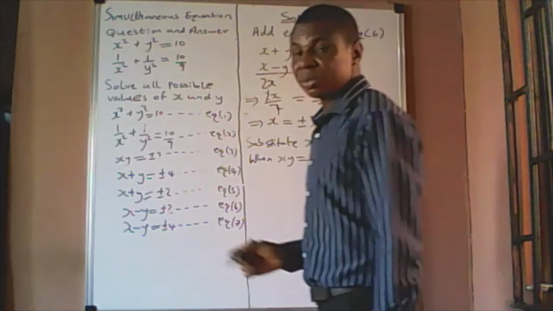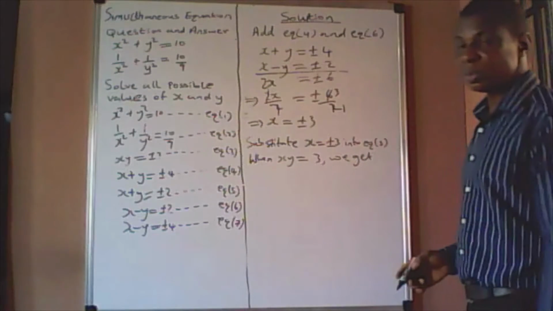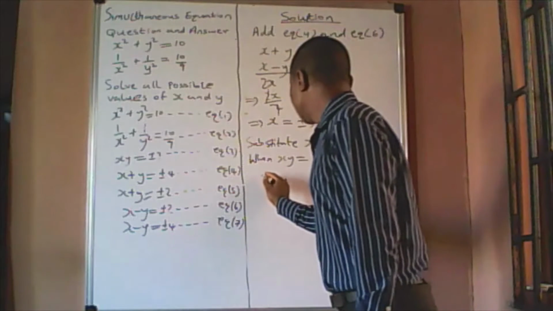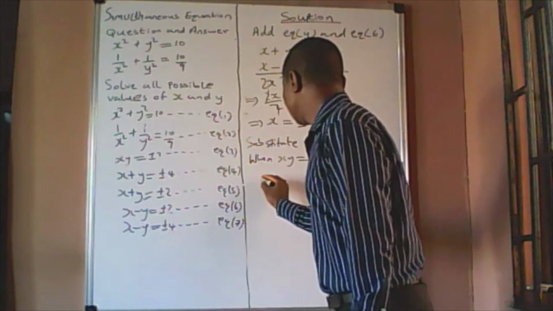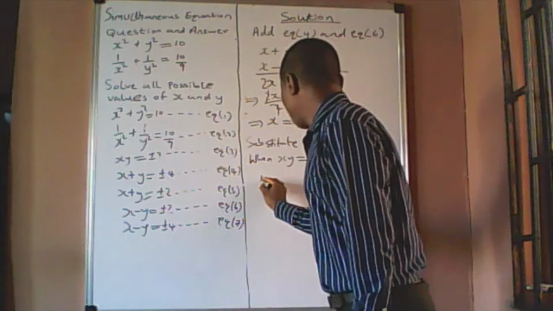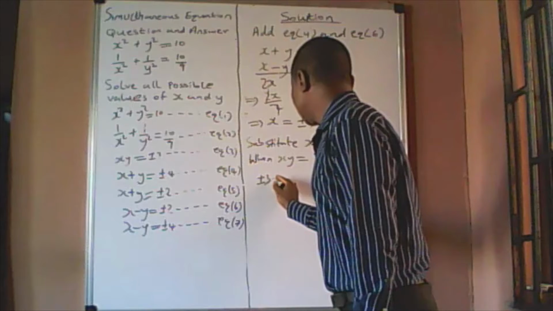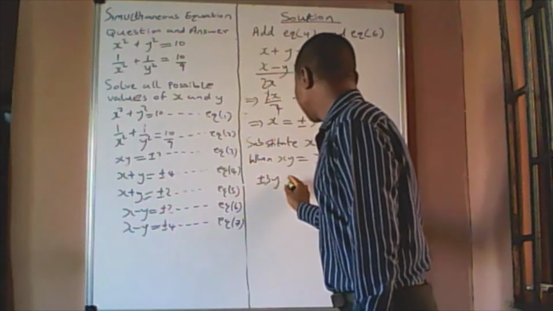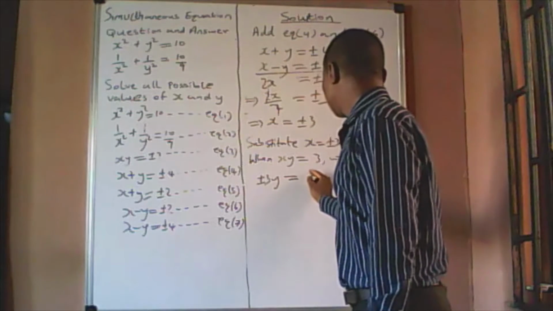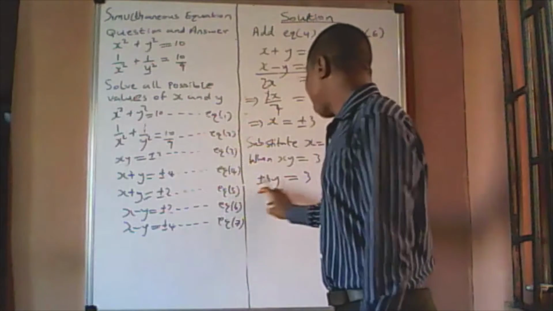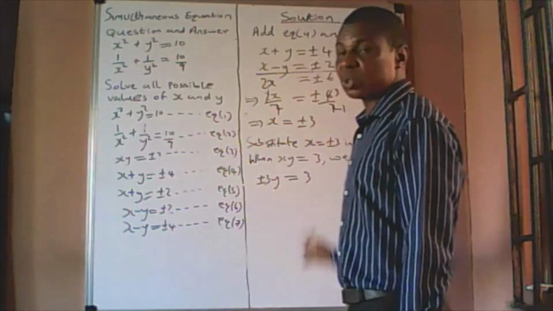We get plus or minus 3y equal to 3. We divide both sides by plus or minus 3.